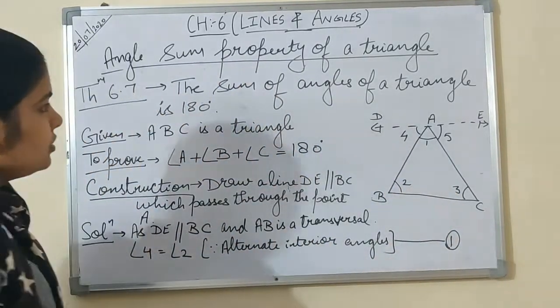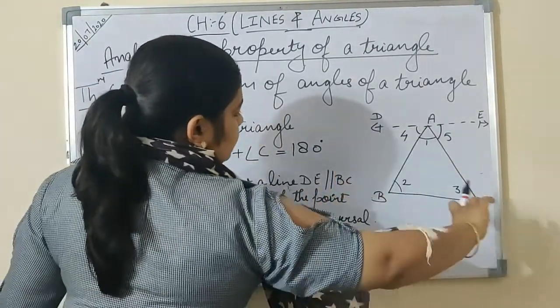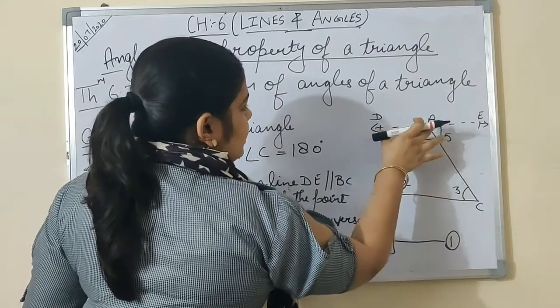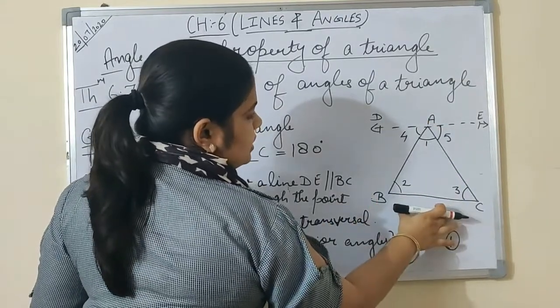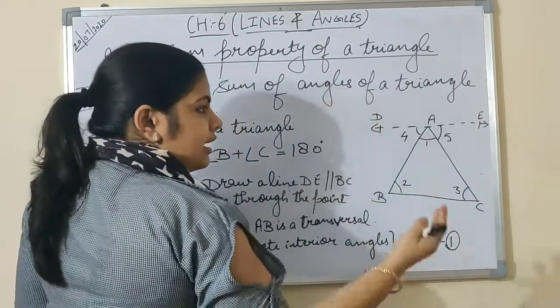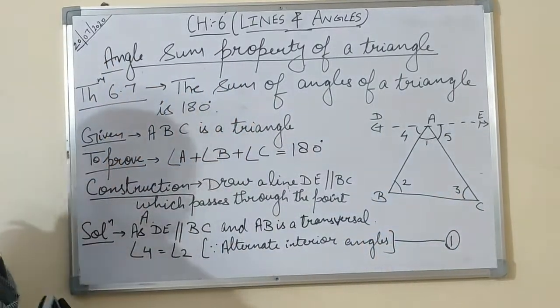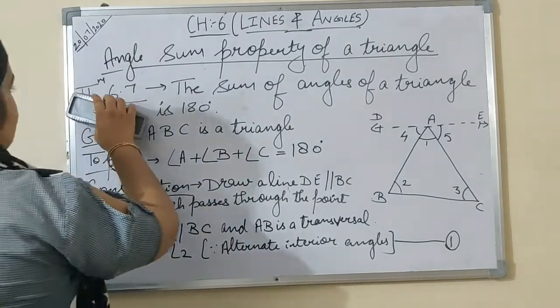Similarly, as you can see over here, DE is parallel to BC, where AC is acting as a transversal. Then what can we write? That angle 5 is equal to angle 3 because of alternate interior angles.